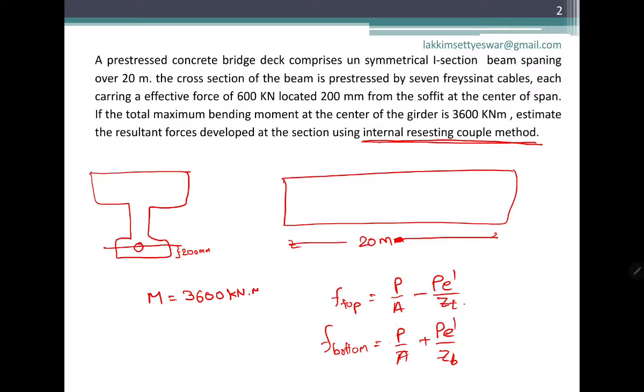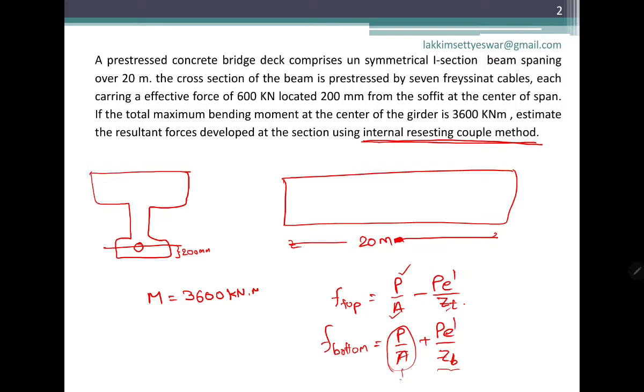P by A is the direct stress and PE dash by Z is the bending stress. These stresses are due to pre-stressing forces. P is the pre-stressing force, A is the cross-section area of the unsymmetrical I-section, and Z top and Z bottom are the section moduli of the section at top and bottom.